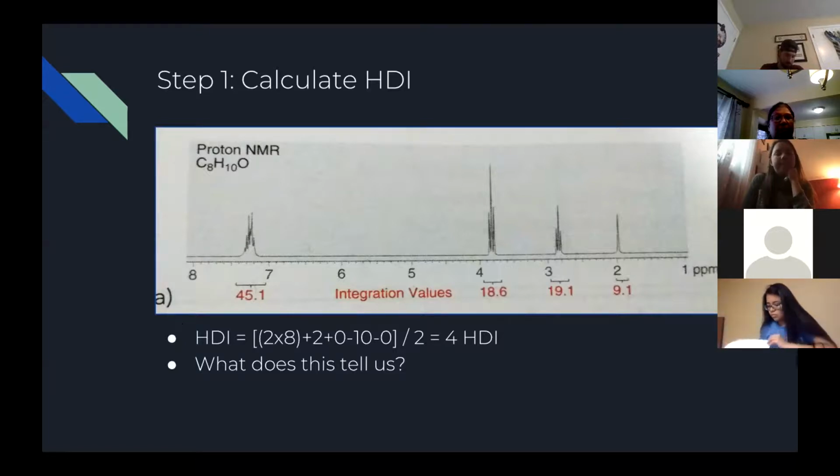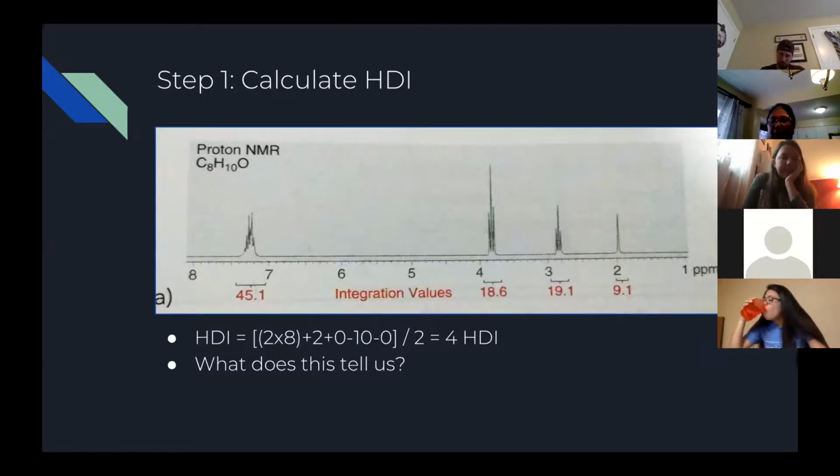Twice the number of carbons, plus 2, plus 0 because there are no nitrogens, right? Minus 10. There's 10 hydrogens. Minus 0 because there are no halogens. What about the oxygen? You ignore oxygen because you assume it's an OH. Yeah, ignore. Okay.